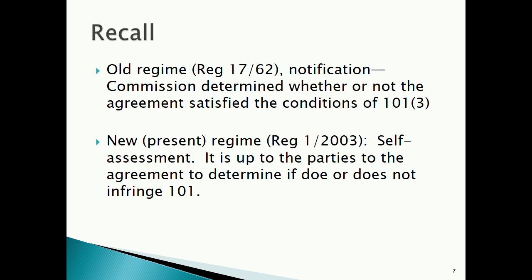Now, in doing this, the Commission has put into place some rather strict guidelines.